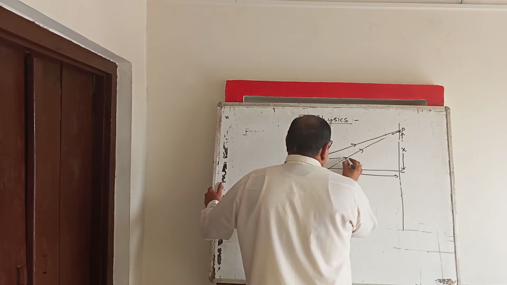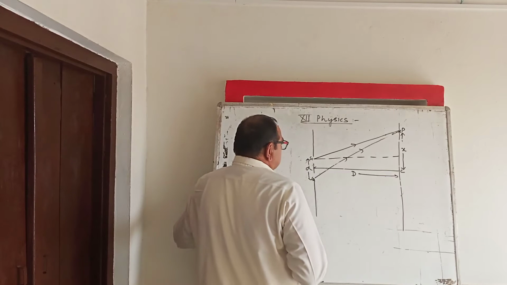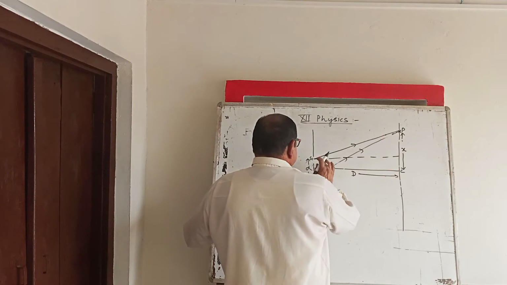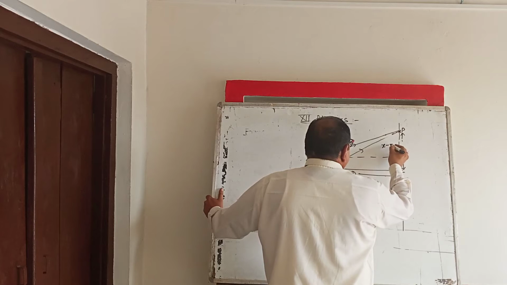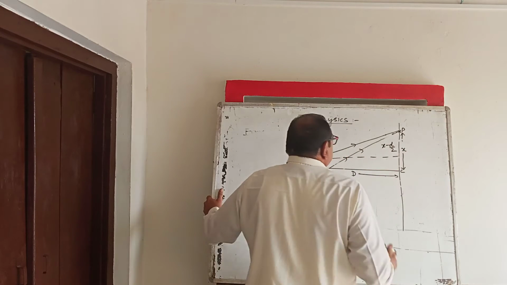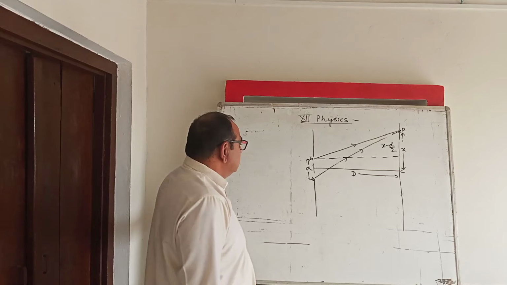Now, this was d by 2, so the distance will be x minus d by 2.